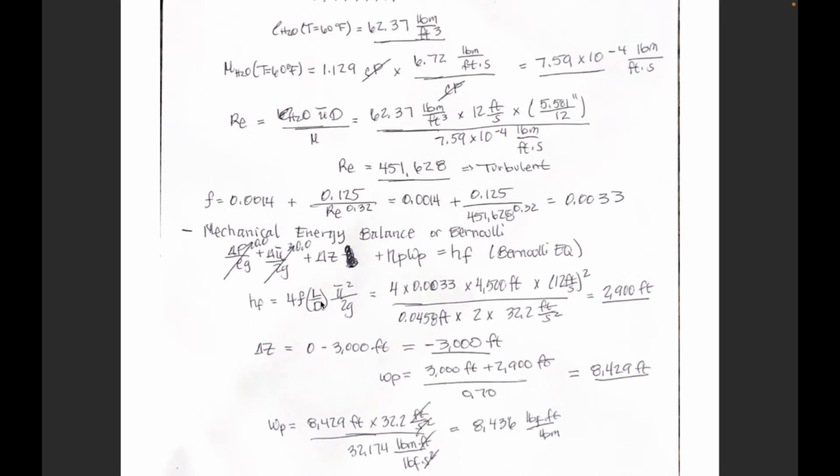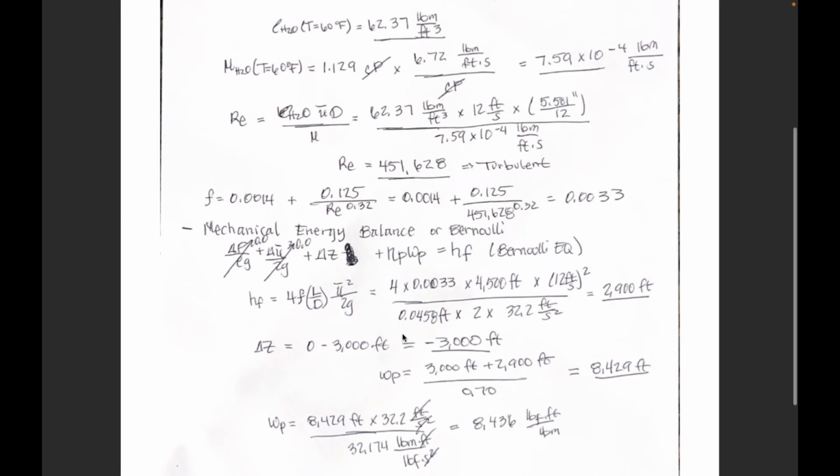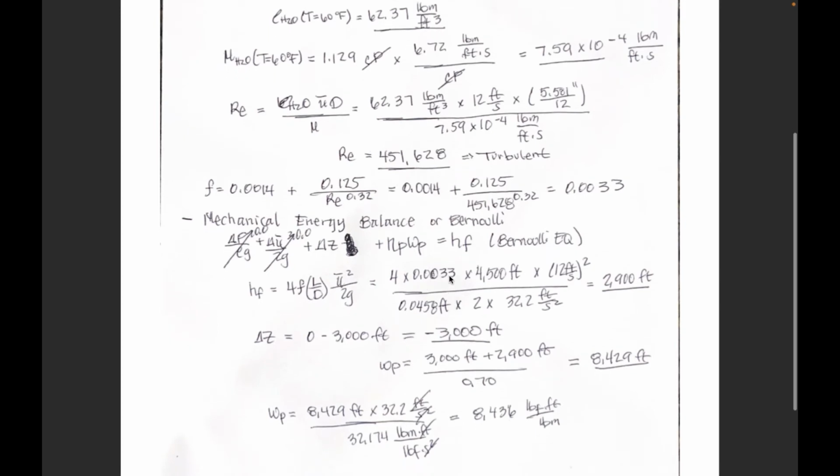So we know that the friction loss is 4FL over D. You'll hear that a lot in your courses. I just remember that off the top of my head. 4FL over D, and then times the velocity head. So we put all those in there. And that's the diameter right here, once you divide the inches by 12.